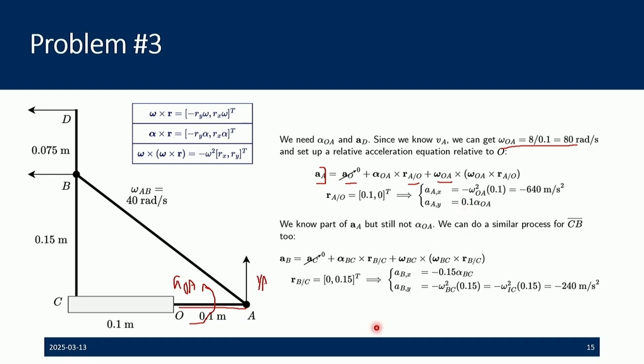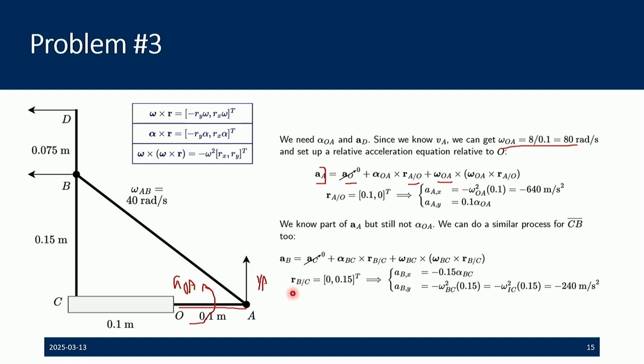Any questions about the motion of the rigid body OA? So we'll do the same thing again. We're going to set up the equation exactly the same way, but for the rigid body BC now. The acceleration at B is equal to the acceleration at C, also 0 because it's a hinge, it's not moving, plus alpha cross R plus omega cross R. Again, substitute with these formulas up here, don't do the cross product yourselves.